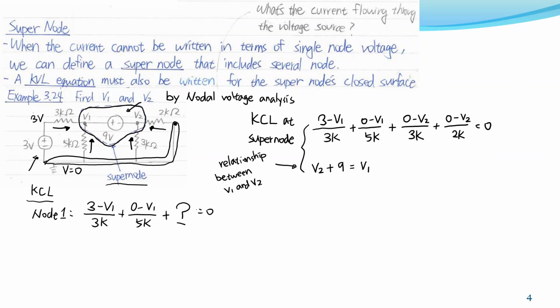Right now we have 2 equations and 2 variables, so we can solve for V1 and V2. V1 is 6.22 volts. V2 equals minus 2.78 volts. And please calculate and double check.